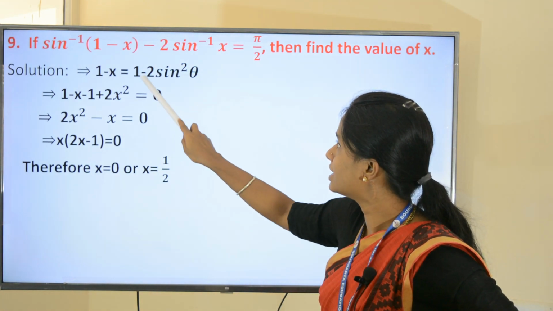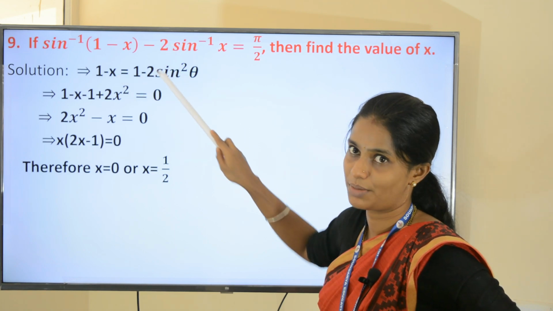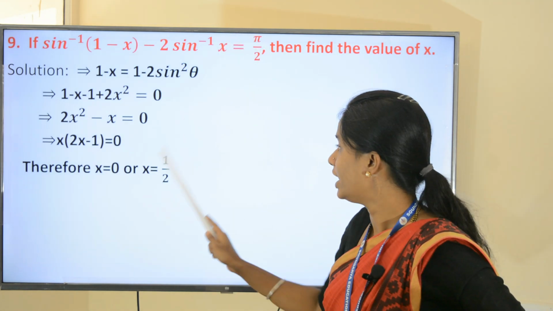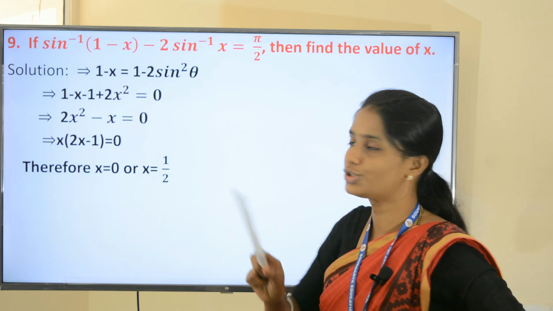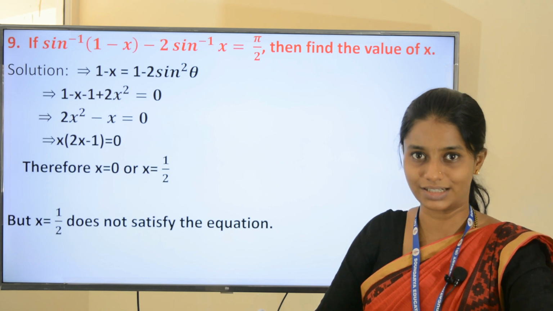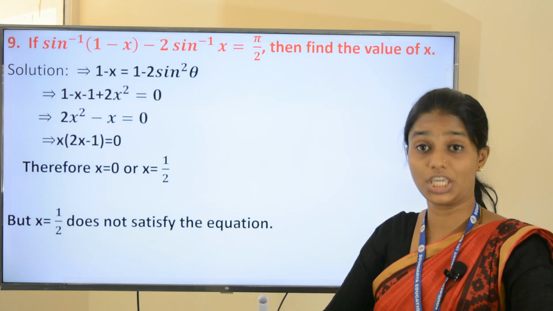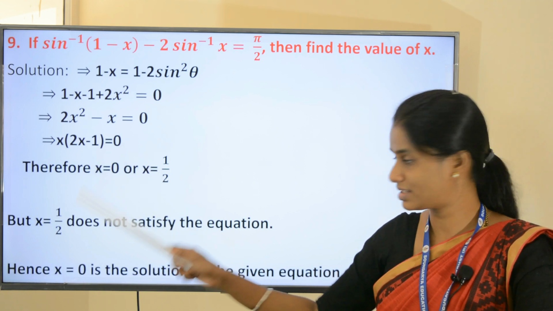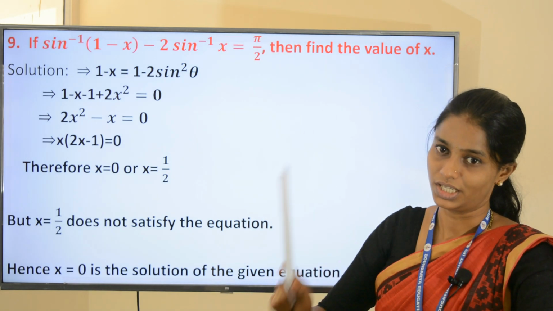So pi by 6 minus 2 3s are, then it will be pi by 6 minus pi by 3, which is not equal to pi by 2. Therefore, x is equal to 1 by 2 is not a solution for the given question. So how can I conclude this result? x is equal to 1 by 2 does not satisfy the given equation. Therefore, x is equal to 0 is the solution of the given equation.